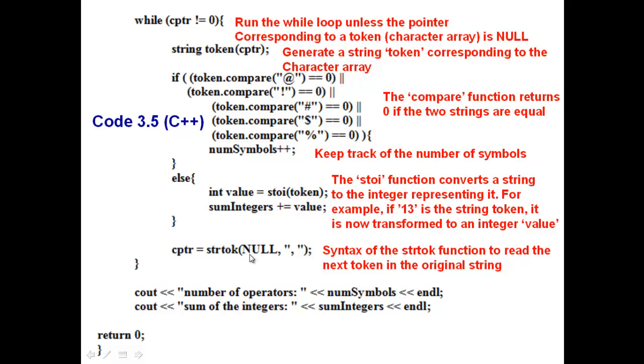That means you continue tokenization until you hit null, along with the set of delimiters. So when cptr is pointing to a set of characters that is not null, you will continue further. After you come out of this while loop, we can print the number of operators or symbols you have encountered and the sum of the integers.